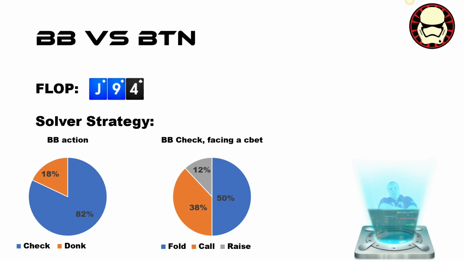So he's check-raising 12%, check-calling 38, and check-folding half of his hands. So try to remember the numbers. Donking 18%, and with the donking, check-raising 12%. So donking or check-raising 30% total.